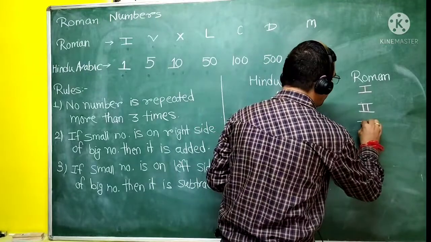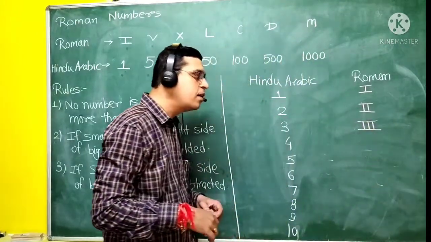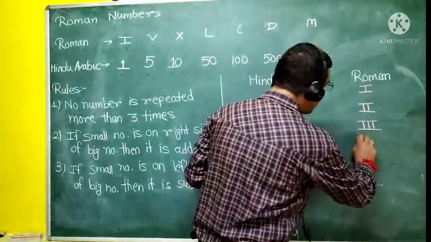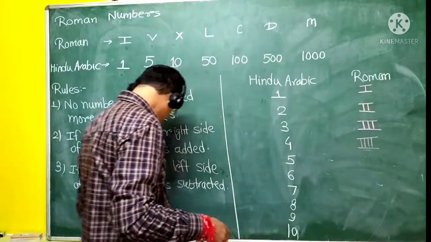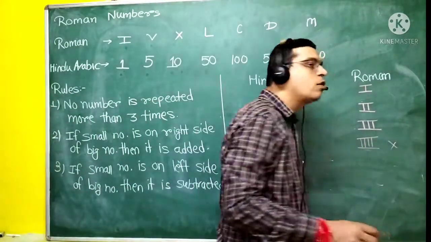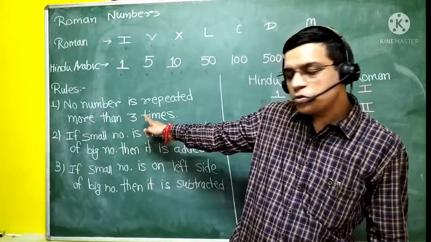I can write 3 straight lines. Now how I am going to write 4? Can I write 4 as 4 straight lines? Tell me. Of course not. This is wrong. And why this is wrong? Because of that first rule.